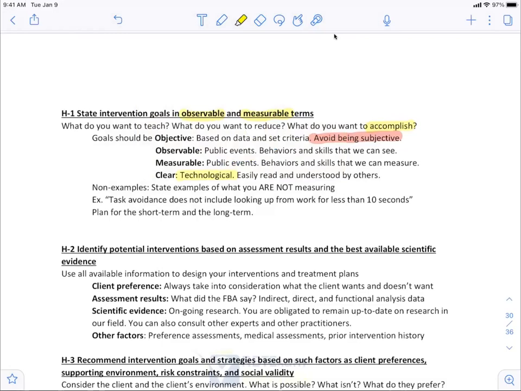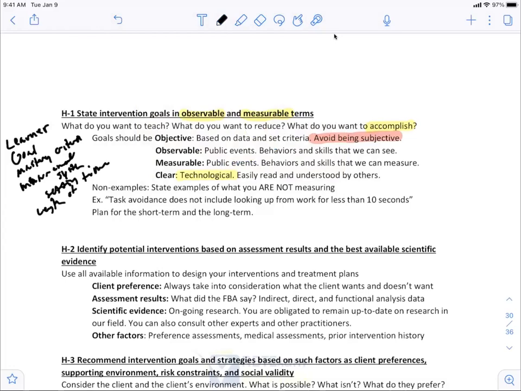And then you want to plan for short-term and long-term. So our goal might also include what? We might have the learner, the goal, mastery criteria, measurement system, maybe a setting, and then length of time, right?